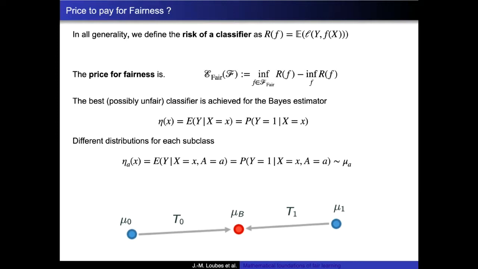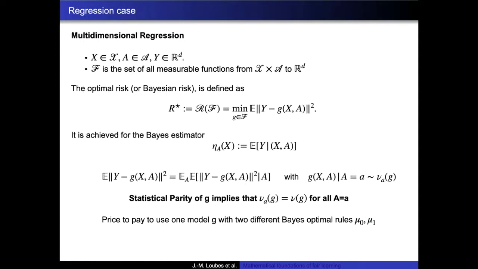So if I'm looking at a binary class, 0 or 1, I have eta 0 and eta 1, and I will call mu 0 and mu 1 the distributions of this Bayes estimate.